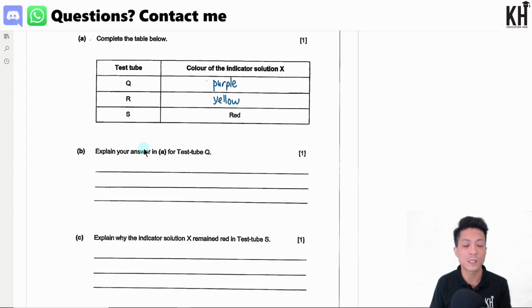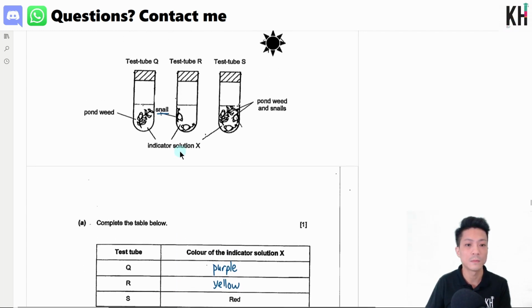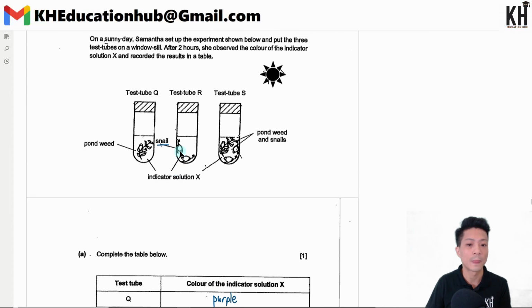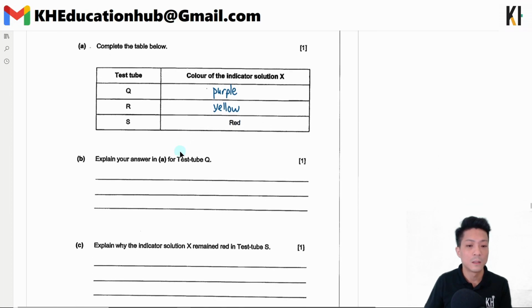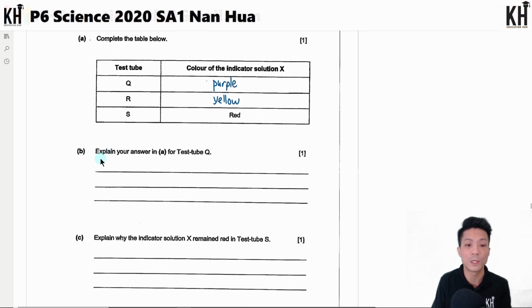For part B, explain your answer in A for test tube Q. Just now I've already roughly explained.